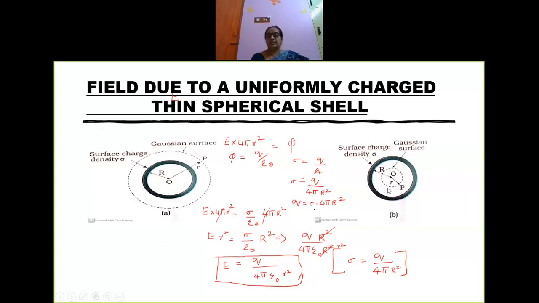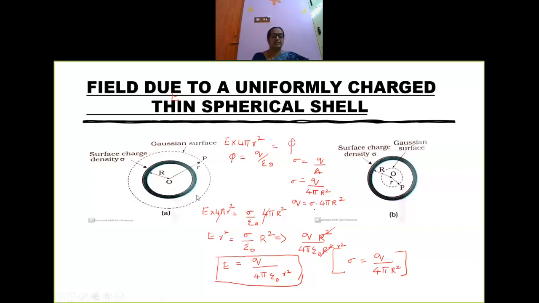Now in this diagram, there is one more case that can be discussed here, but it is not there in your textbook. Suppose instead of this point P outside the shell, I consider the point on the shell. In that case, what will be the radial vector? It will be just the radius of the shell.